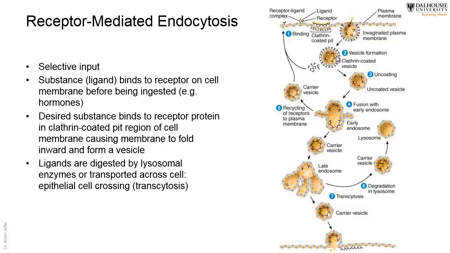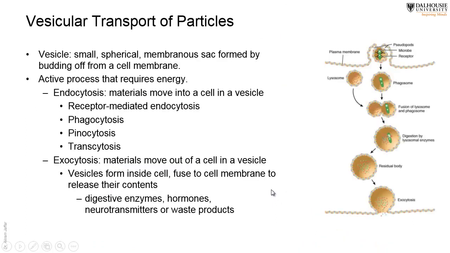And the substance that has entered the cell will be acted on by the enzymes. Sometimes these substances are just transported from one side of the membrane to the other side of the membrane, and this is called transcytosis.